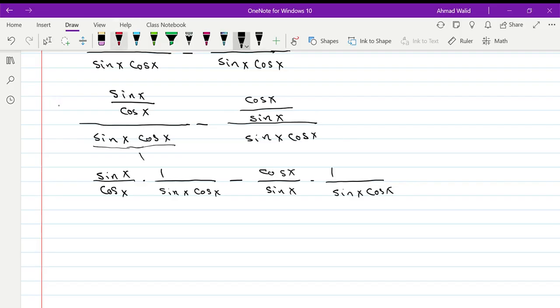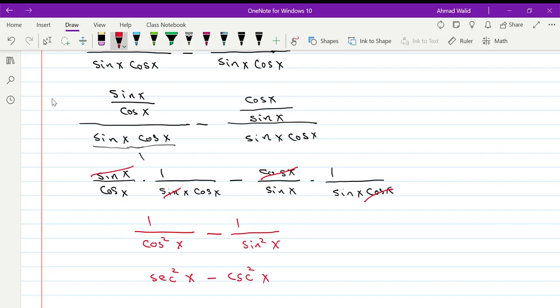Start simplifying if it's possible. You see, sin x cancels out with sin x. What's left? 1 over cosine x times cosine x, which gives you 1 over cosine squared x. Minus, here cosine cancels out with cosine, 1 over sine squared x. Correct? 1 over cosine square is secant square x. Minus 1 over sine square means cosecant square x.